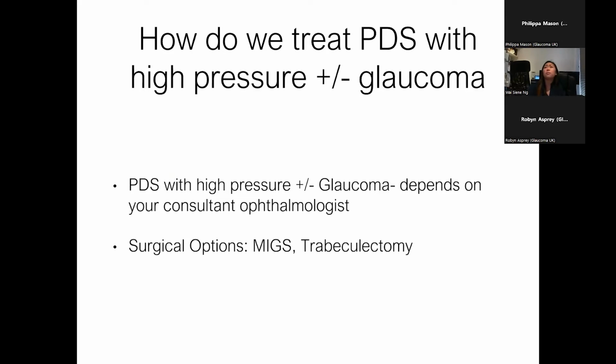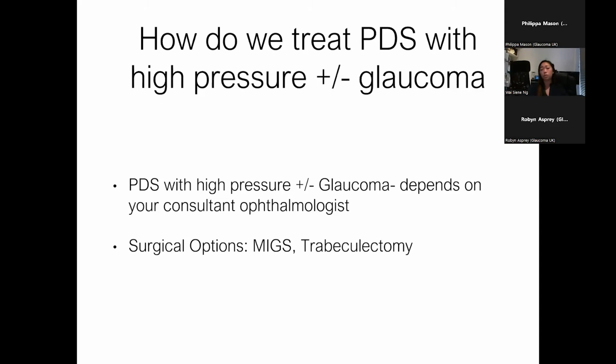How do we treat PDS if it is sustained, intractable, or it has also caused advanced glaucoma? Now that would be surgical options, and there are several surgical options that are available, and they would be similar to the options you get with glaucoma patients in general.